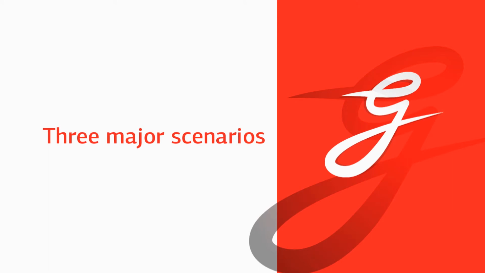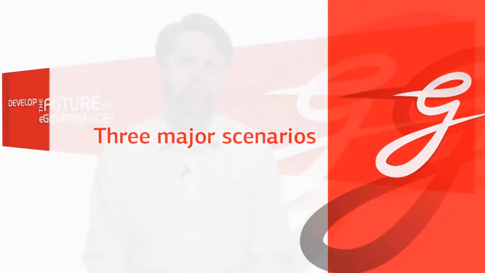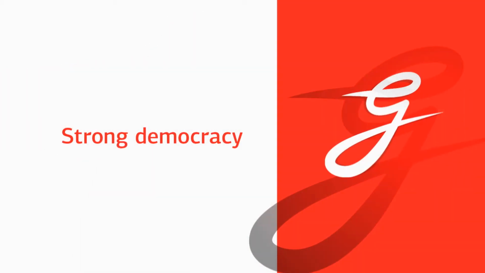So we can already identify three major scenarios that could come out of this enabling the citizen to participate. On the one hand side, we could have a very strong democracy, meaning that citizens are informed about decisions, they are informed about problems, they are informed about benefits of certain things at stake, but they would leave the decision still to the representative in parliament, but nevertheless would be able to feed back and forth with this delegate.